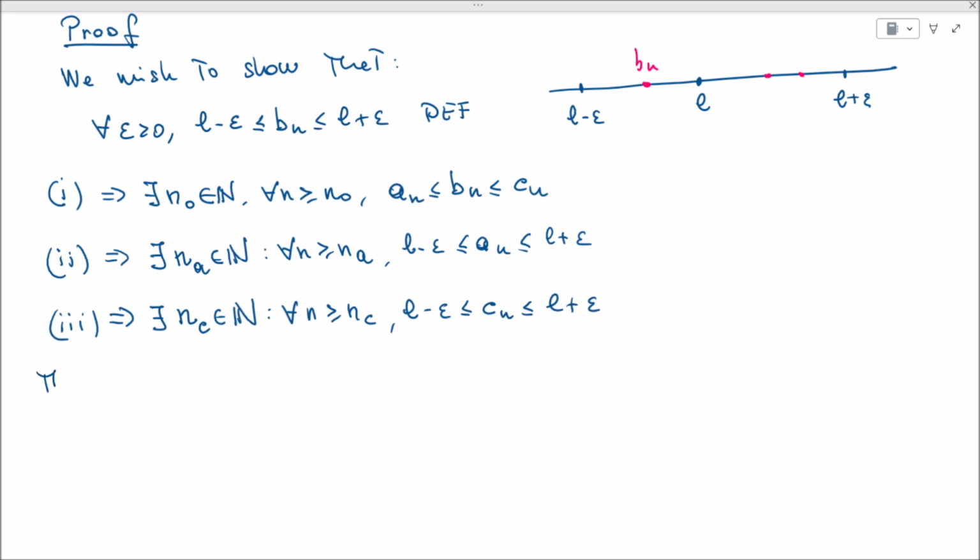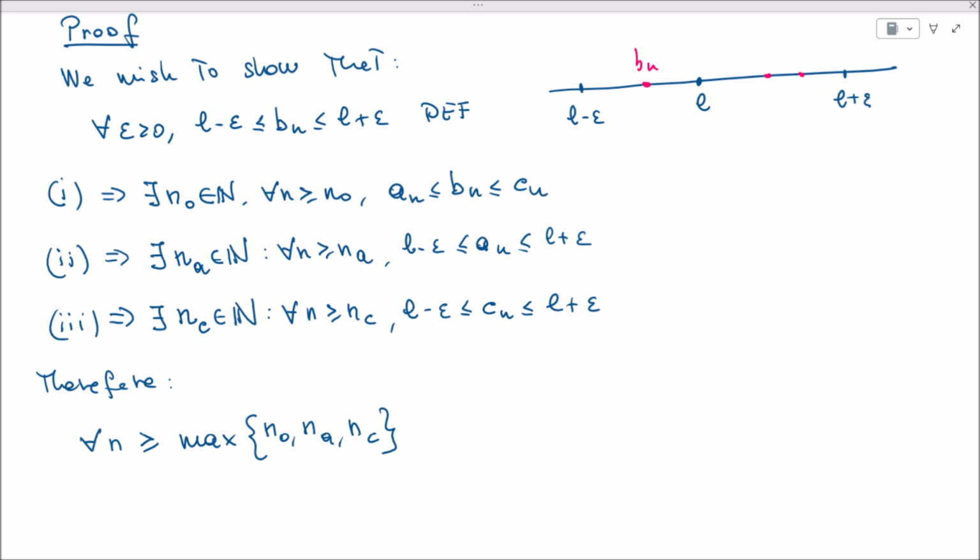Therefore, if we pick the max of the set n0, Na, and Nc, for every natural number n which is larger than or equal to this max, that implies that all the previous three statements must be true, okay?